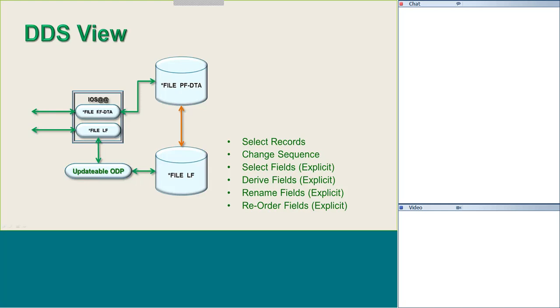So I've got two I/O servers that I can use to access the physical data file and/or the logical data file, both updatable. So that is the construct, and using I/O servers, the access to a DDS view.